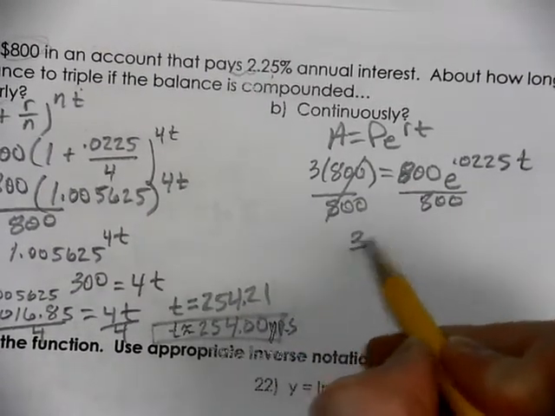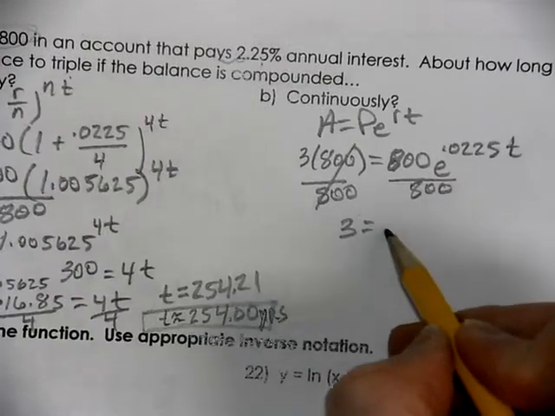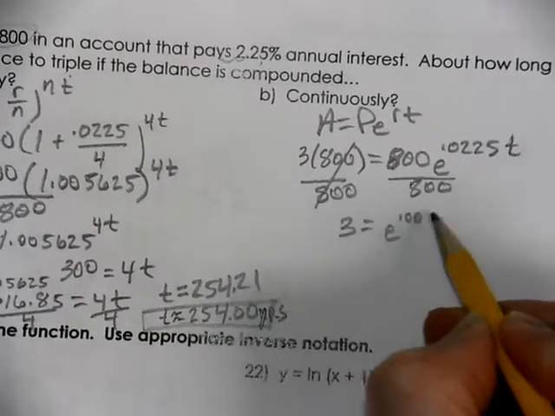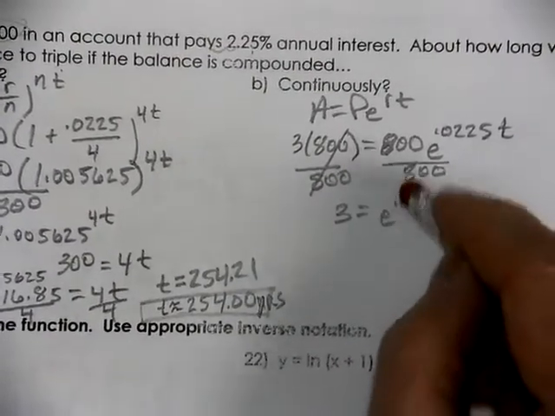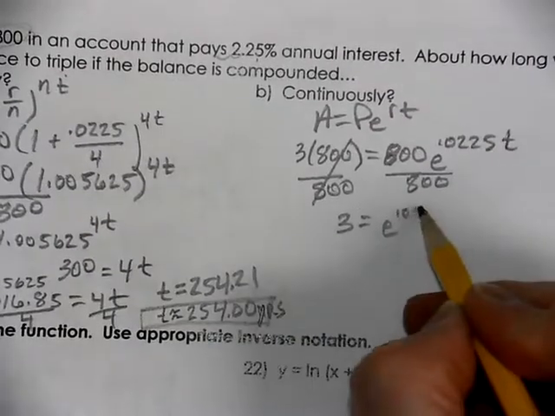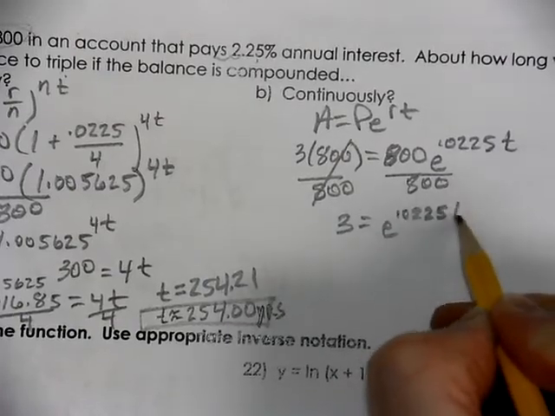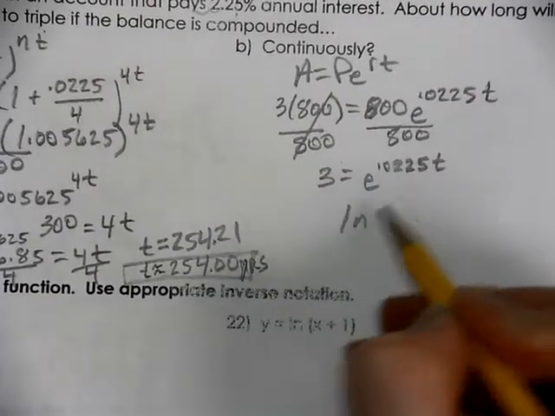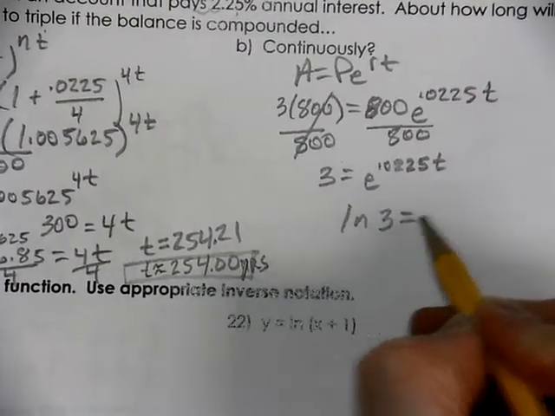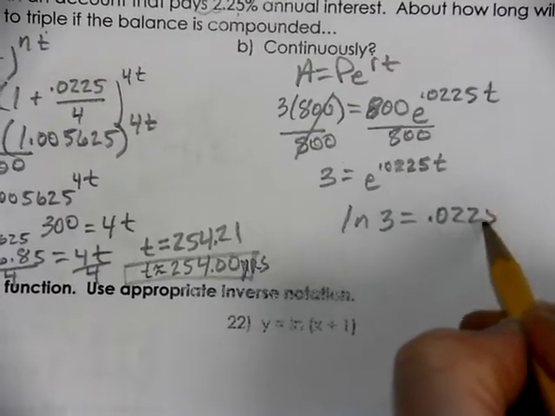The 800s cross off. We don't even need to call it 2400. And we would say the natural log of 3 equals the exponent.